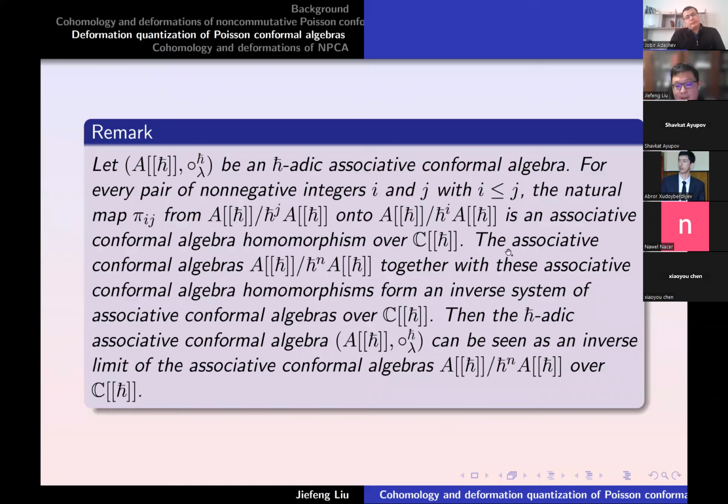The associative conformal algebras together with these morphisms form an inverse system. Then the h-adic associative conformal algebra can be seen as an inverse limit of these associative conformal algebras.